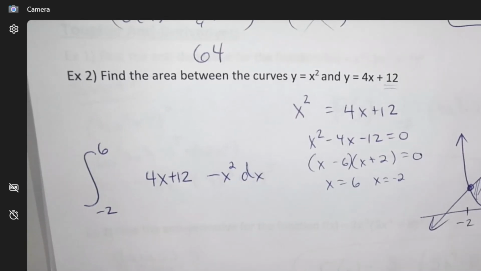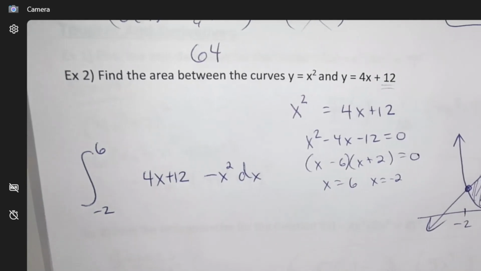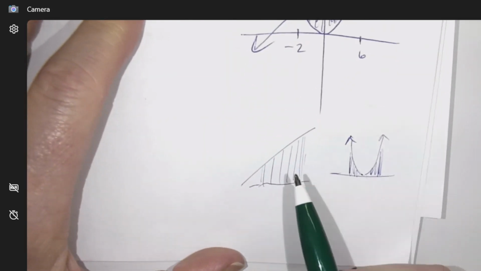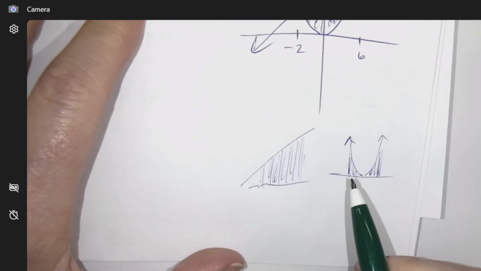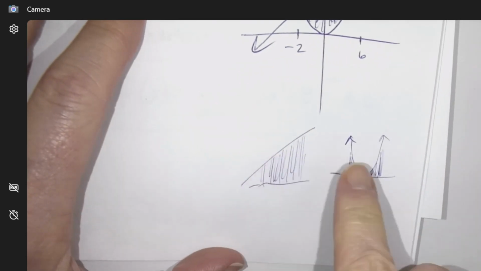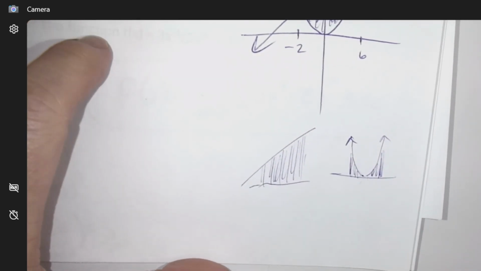So this is what I'm doing, by the way. The area under the line minus the area under the curve gets me the middle chunk, right? Does that make sense? That's what I'm doing.